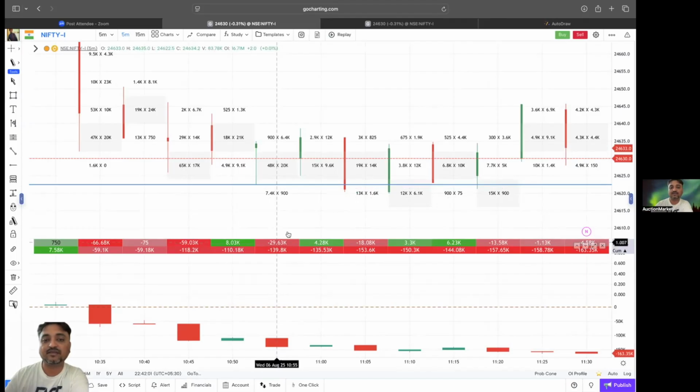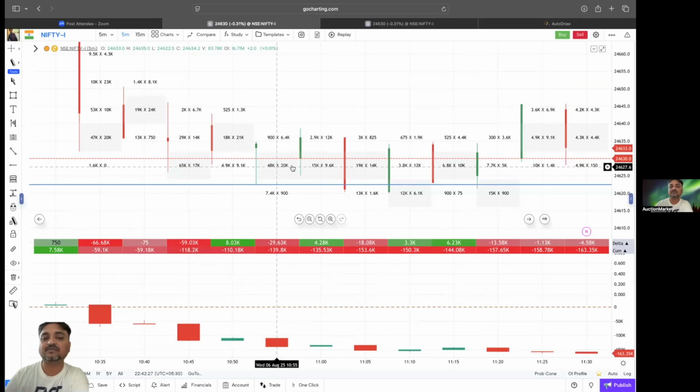But soon after that, you can see the price should go down because we have 48K negative delta here. That means 48K sellers are trying to push the price down, but immediately the next candle has absorbed this particular delta. So we call this absorption.